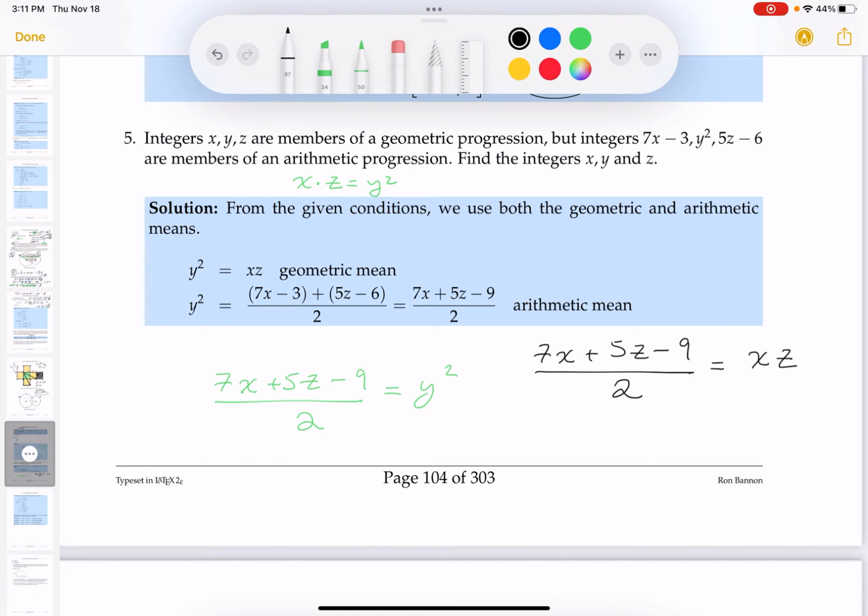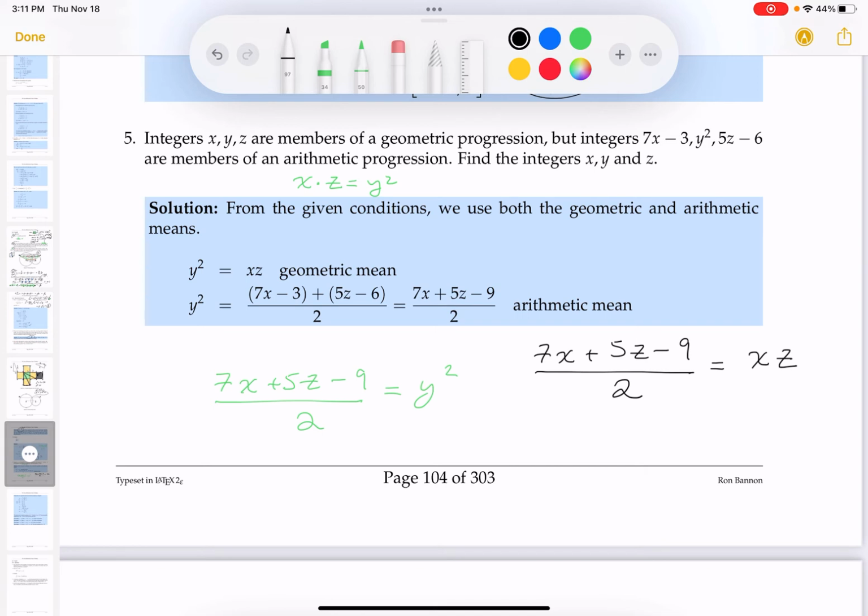All right? I certainly don't like the fraction at this point, but I do know everything's got to be an integer, and there could be many choices to make that an integer. So again, reading it says integers x, y, and z are members of a geometric progression, but integers blah, blah, blah are members of an arithmetic progression. Find the integers x, y, and z.